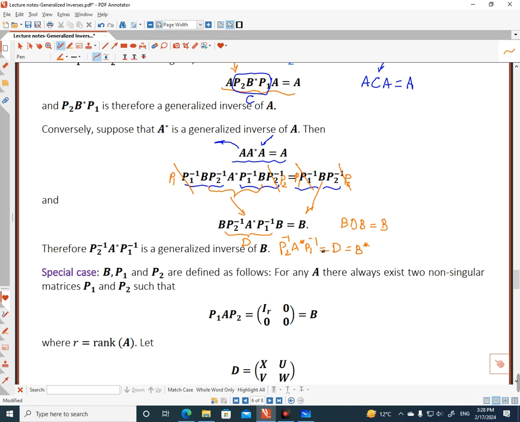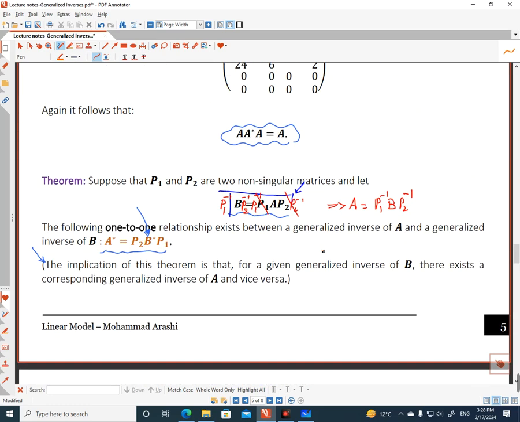And this is the generalized inverse of B. So the proof is complete, and we learned that if we have such a relation between two matrices, then there is also a connection between the generalized inverses of the matrices.